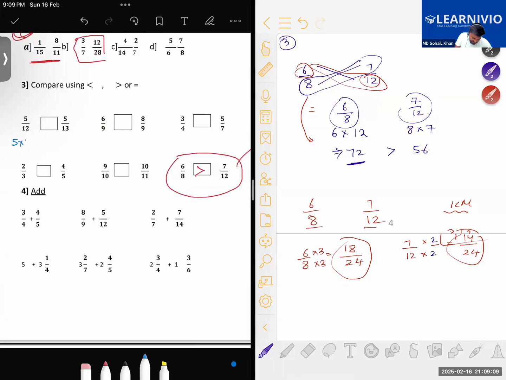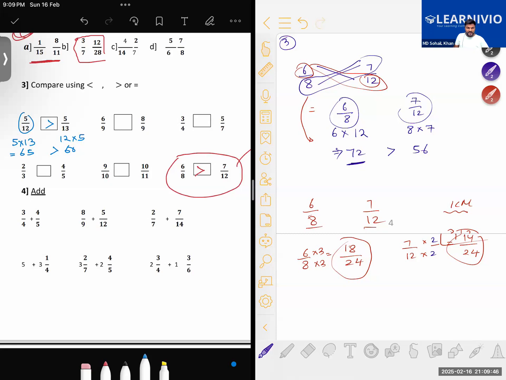So it's going to be 5 times 13 and 12 times 5. 13 5s are 65. 12 5s are 60. So which one is bigger? Obviously 65. It is falling towards the side of 5 upon 12. So this is bigger.